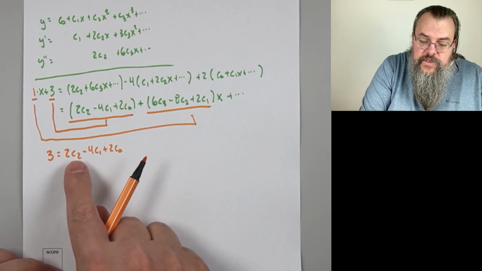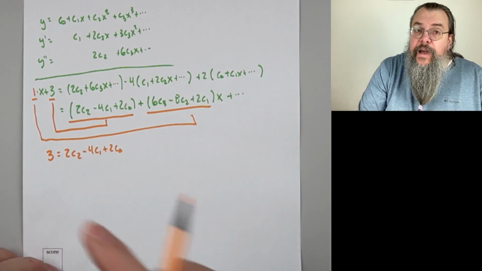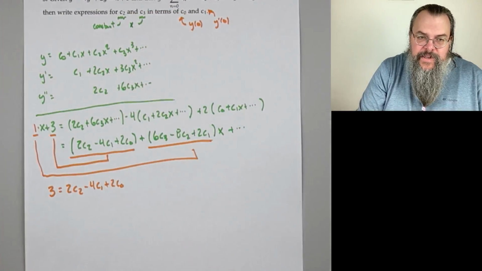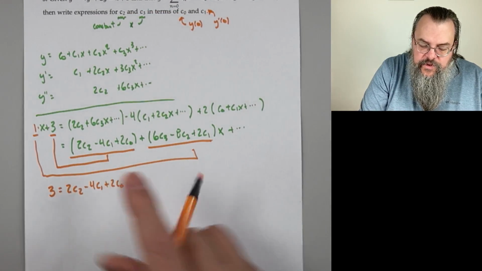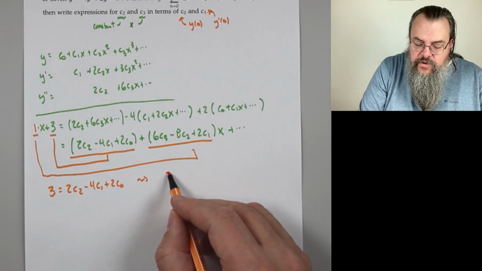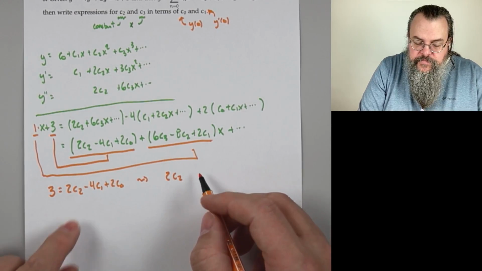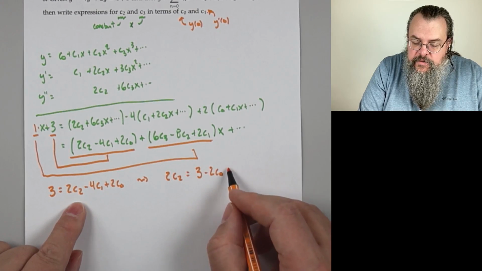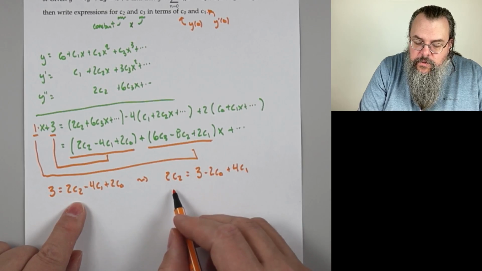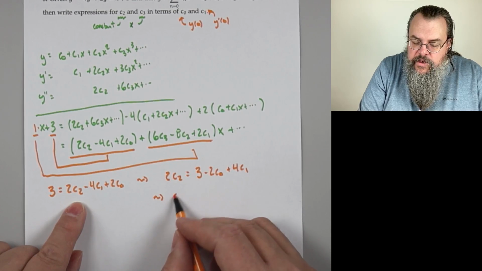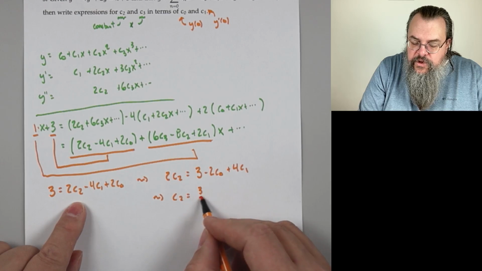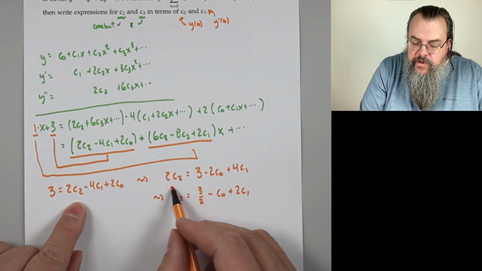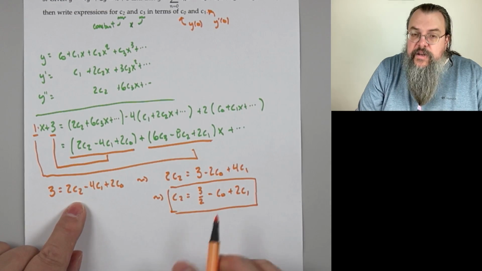We need to solve for c2 in terms of c0 and c1. How do we know that? Because that's what it says, c2 in terms of c0 and c1. So we can move things across. We'll get 2c2 is equal to 3 minus 2c0 plus 4c1, or we get c2 is 3 over 2 minus c0 plus 2c1.